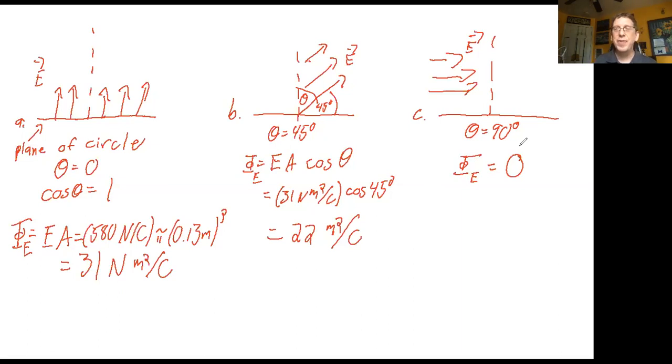And so that's how you evaluate the electric flux in the specific case, uniform field flat surface. Again, if it's not uniform or the surface is not flat, you need to be a bit more creative than that. But that's what we have.